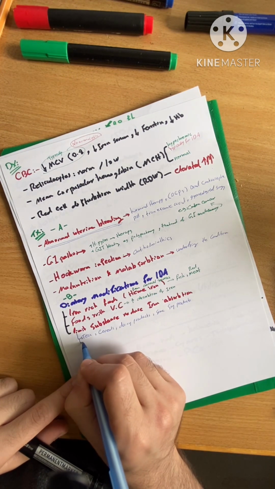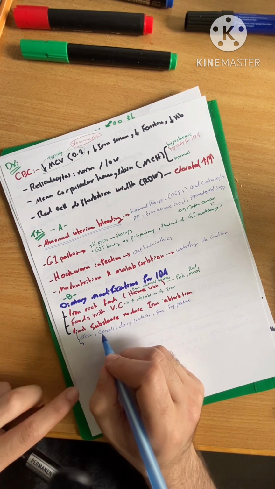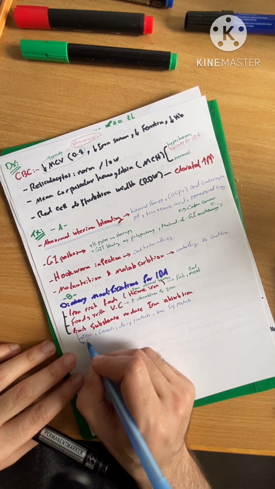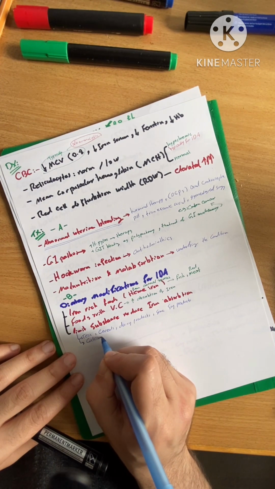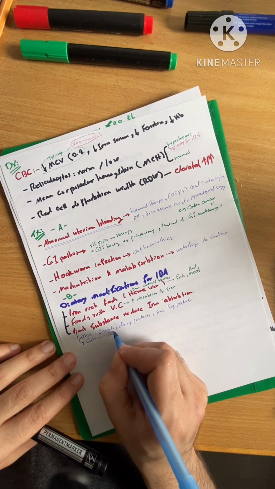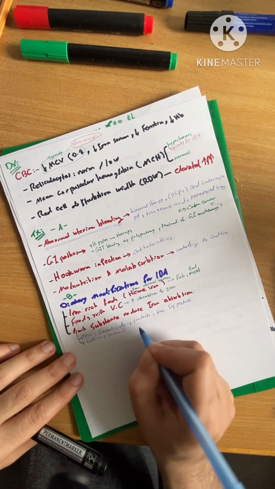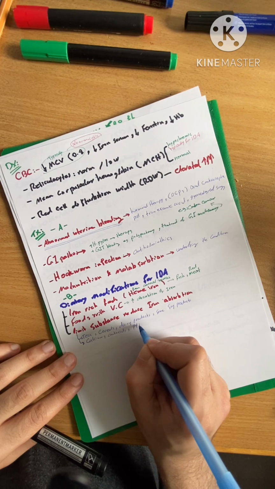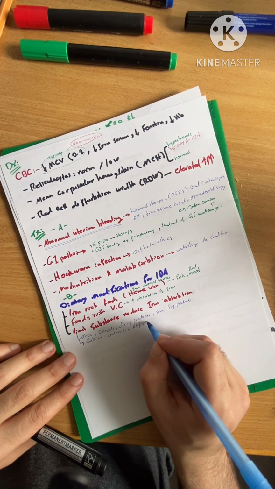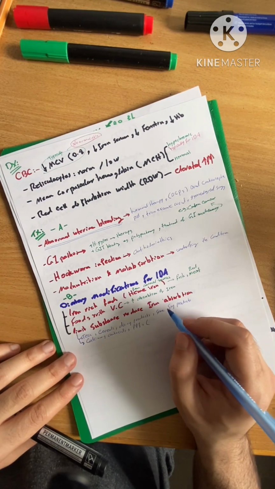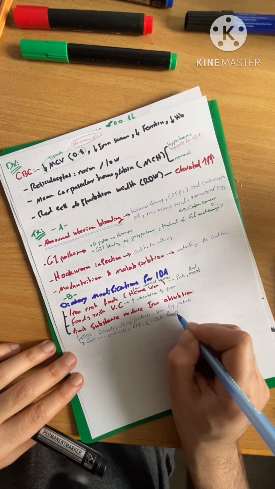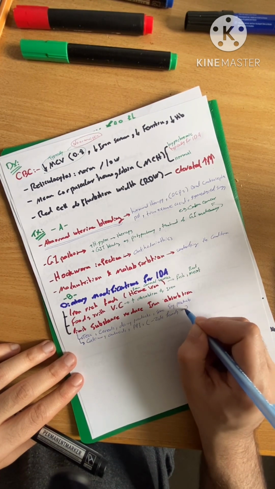Another one, drugs or chemical substances that reduce iron absorption, like calcium, antacids, proton pump inhibitors, the zole family of drugs, for example omeprazole.